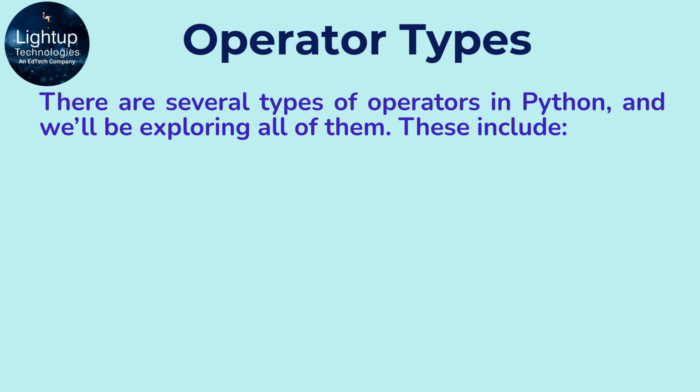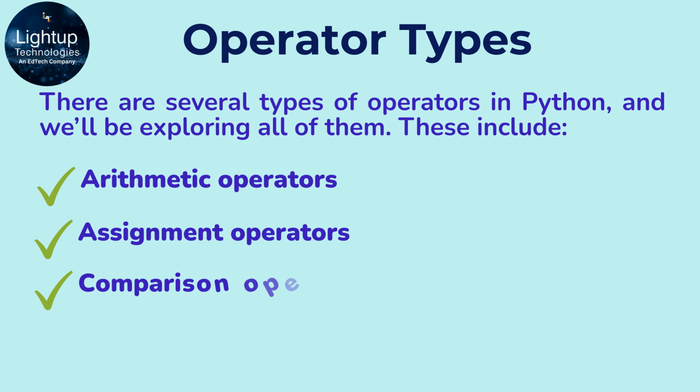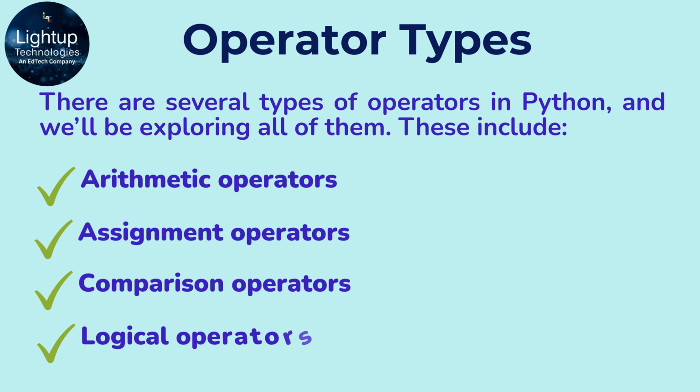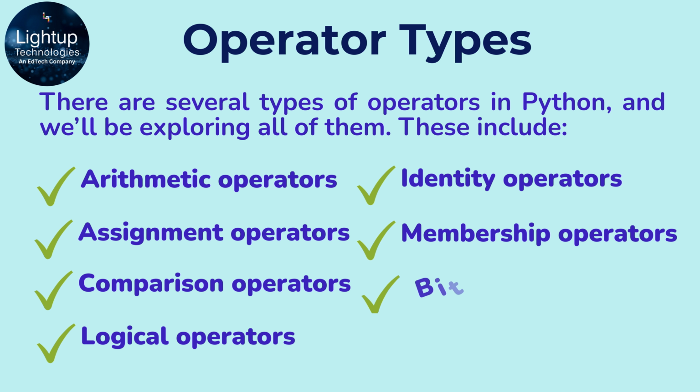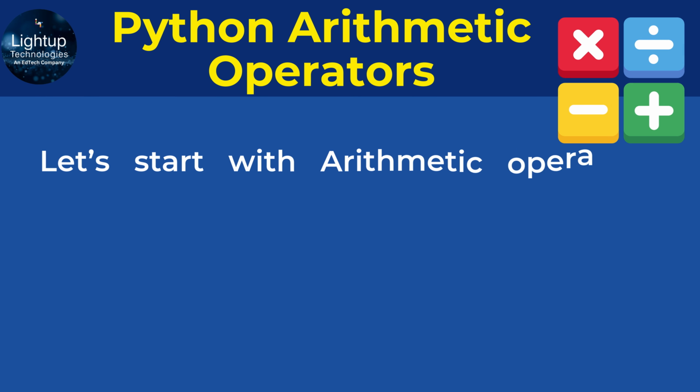These include arithmetic operators, assignment operators, comparison operators, logical operators, identity operators, membership operators, bitwise operators. Operators are used everywhere in programming, so knowing how to use them effectively is crucial for writing clean, readable, and efficient code.